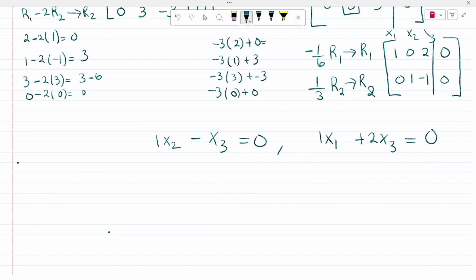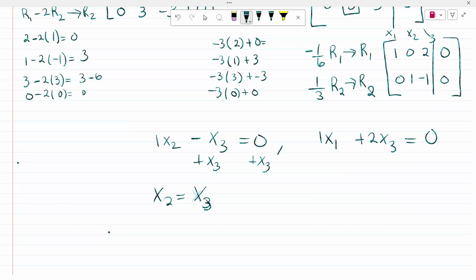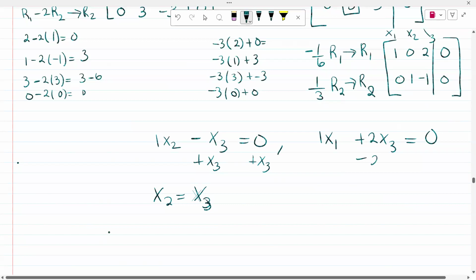So over here, if we solve for x2, you would have to add x3. So this would be x2 equals x3. And over here, if you solve for x1, you would subtract 2x3.